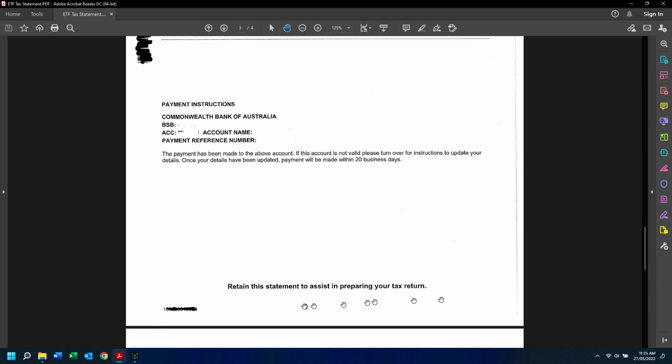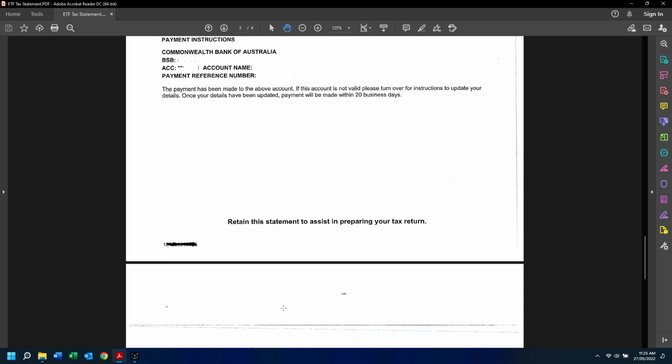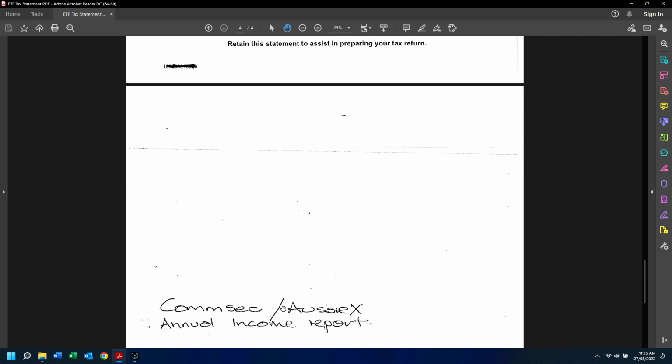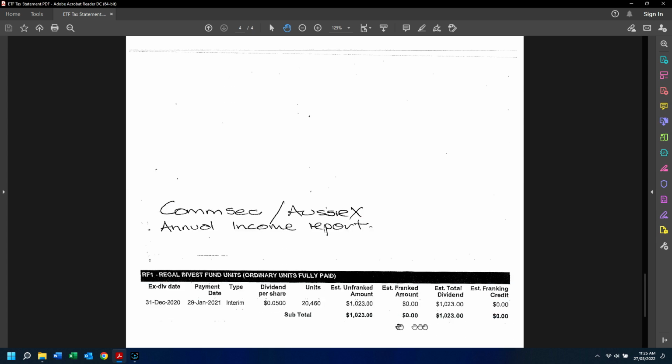So I hope that's been helpful in terms of providing you with some guidance on what these tax reports look like.